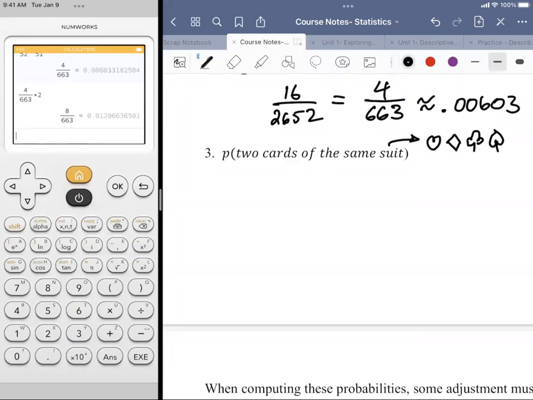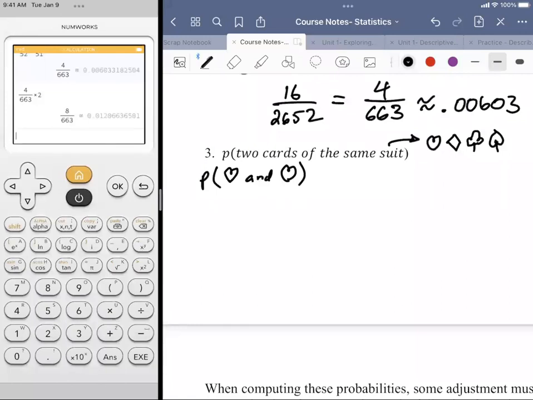So those are our four possible suits. When I say two cards of the same suit, I'm saying, well, it could be a heart and another heart. Since they're identical, we wouldn't really care about the order. Two hearts come out. Doesn't matter which one came first.